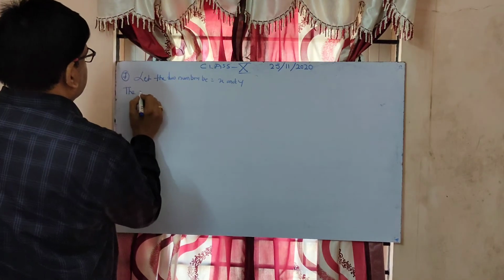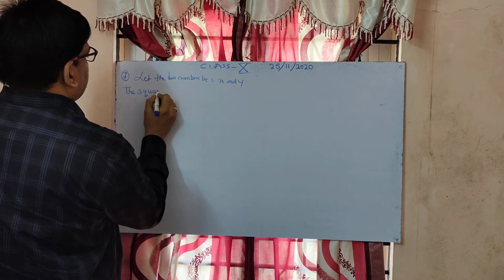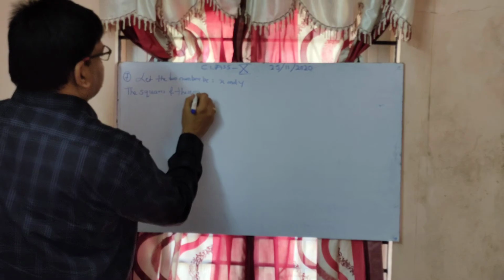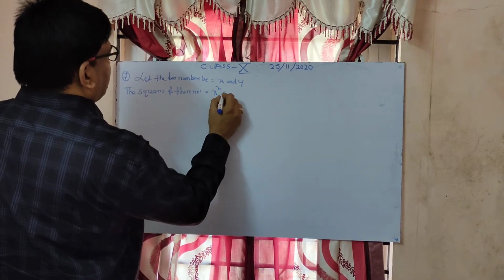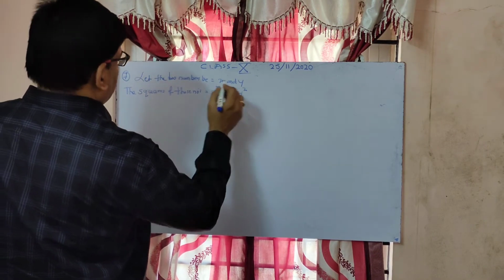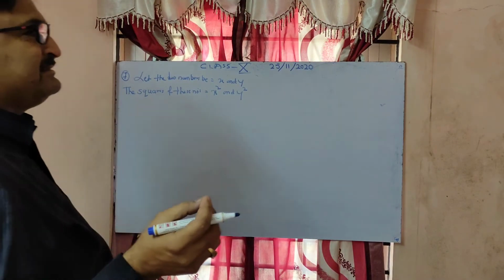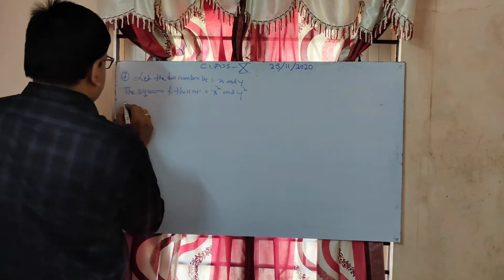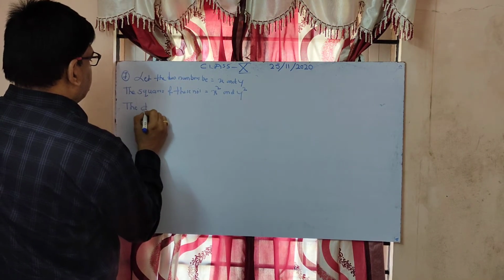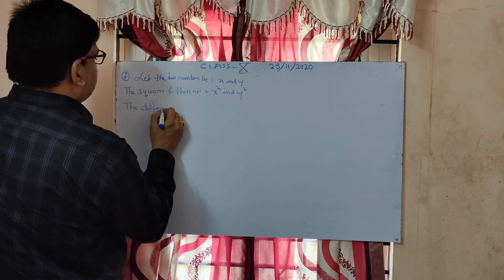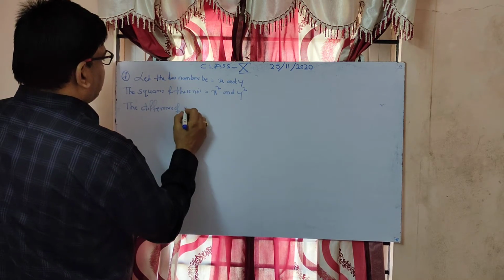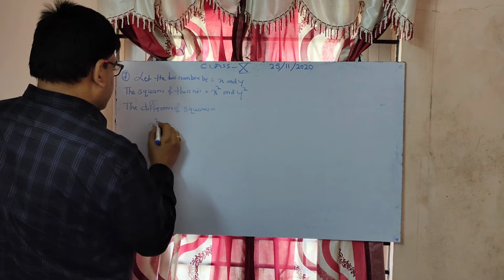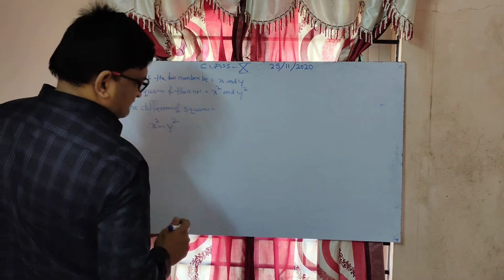The squares of these numbers are x square and y square. Now, the difference of squares of these numbers is equal to x square. Difference means subtraction.